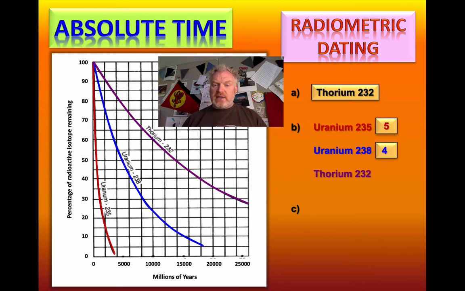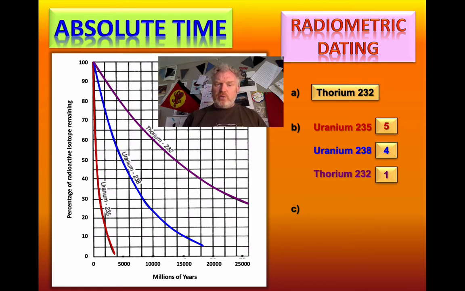Uranium-235 gets down to 6.25 there, so it's been through 4 half-lives. And thorium-232 has only been through 1 complete half-life. It hasn't decayed enough, there isn't enough time shown on that graph for it to have decayed through 2 half-lives.